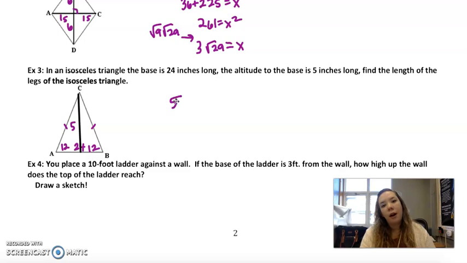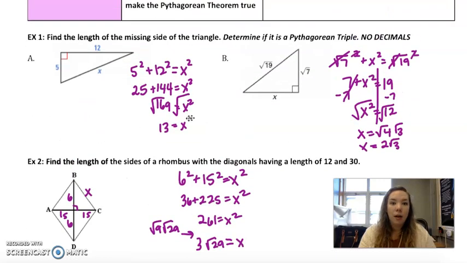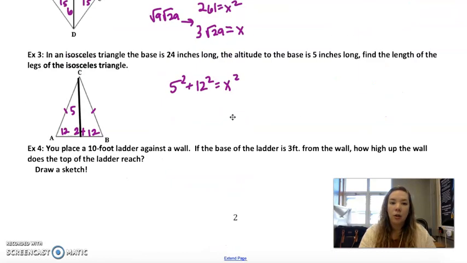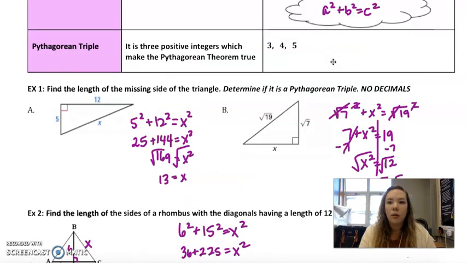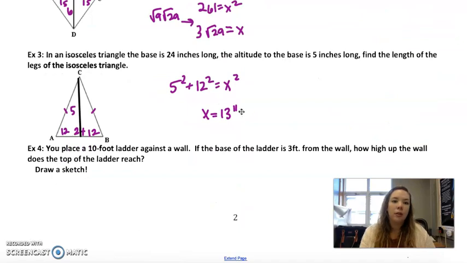So you have 5 and 12 as your legs, which we've already done actually. We did that as part A of example 1. So our hypotenuse would be 13, where the sides of that isosceles triangle would be 13 inches. We should include units. So I think that's the only one that had units so far, 13 inches.